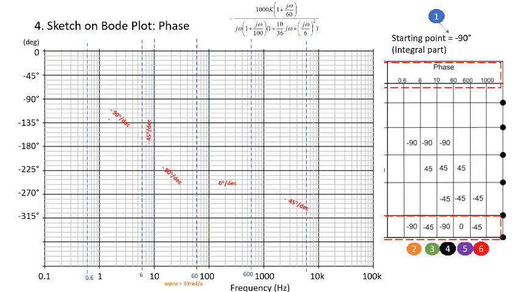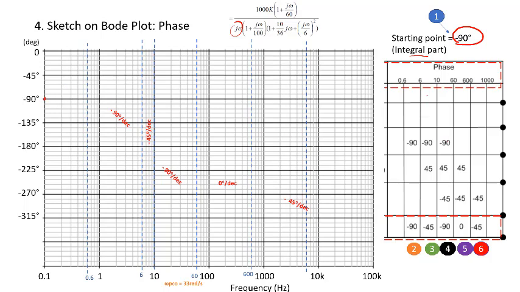Now let's see the phase plot. Same as the magnitude plot, we will sketch the phase plot. The starting point of this phase plot is minus 90 degrees because we have an integral part in this transfer function. Minus 90 degrees is somewhere here.